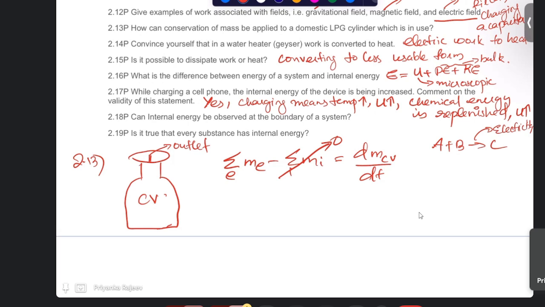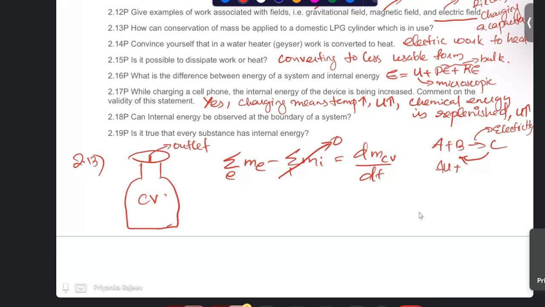I mean, you cannot say it's zero, but it is at a very low position that you won't have charge in your phone. So when you are connecting it to some electric source, you are reversing this C to A plus B again. That is when you are charging it. That is when you are increasing the internal energy.